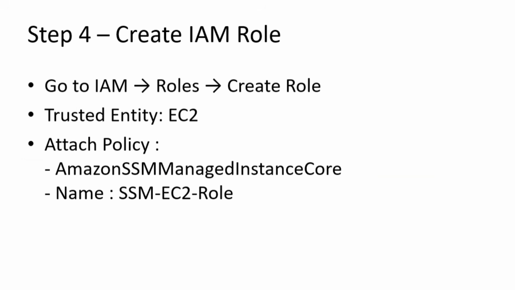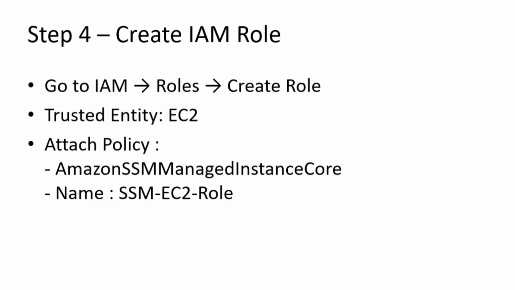Our EC2 instance failed to connect to Systems Manager because it lacked permissions. To fix this, we create an IAM role. Think of it as giving our instance a secure badge that tells AWS what it's allowed to do. We select EC2 as the trusted entity, meaning this role will be assumed by our instance.